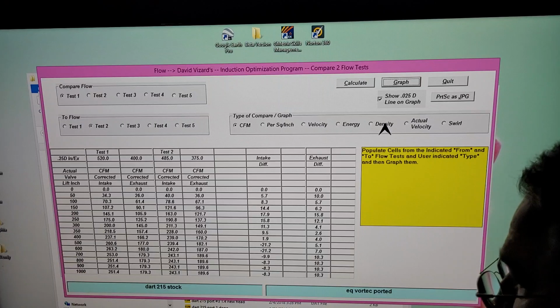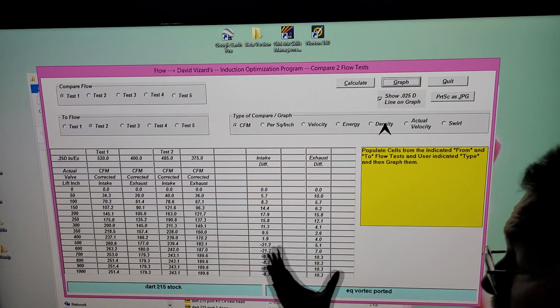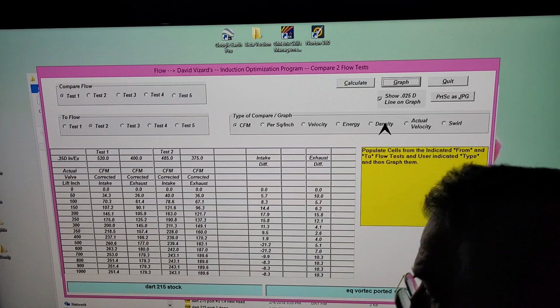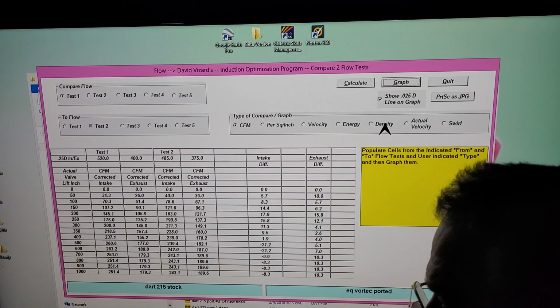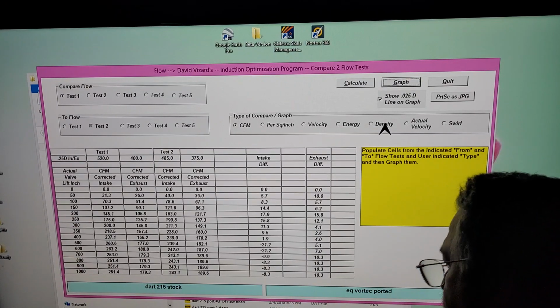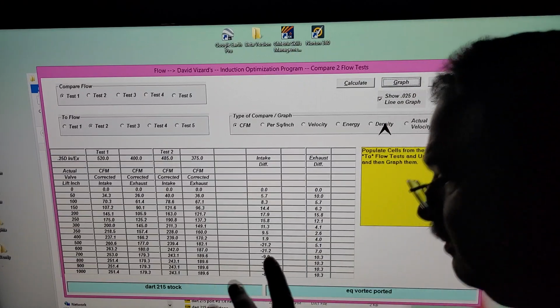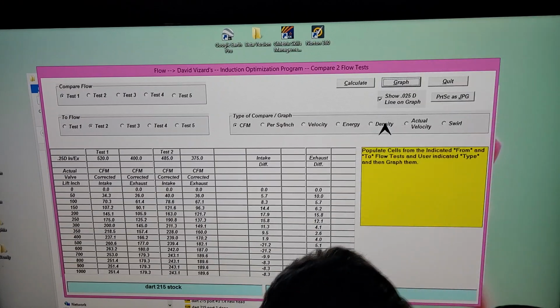I'm sure it's not 166. Remember I wrote not perfect? What I wound up doing is I started entering all this stuff into the program, but the port lengths aren't 100% right because those were an unported port and the volume isn't right. So this is not perfect, but it'll give you an idea.